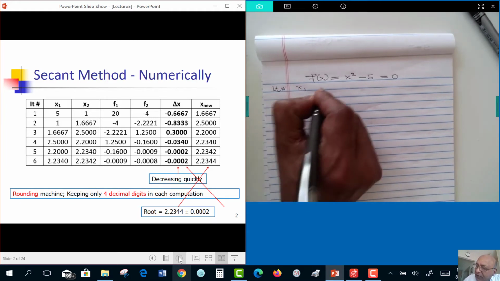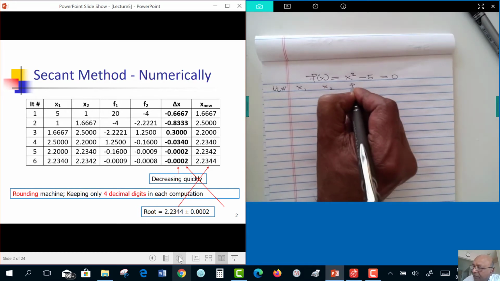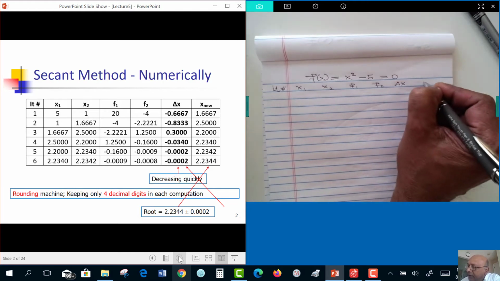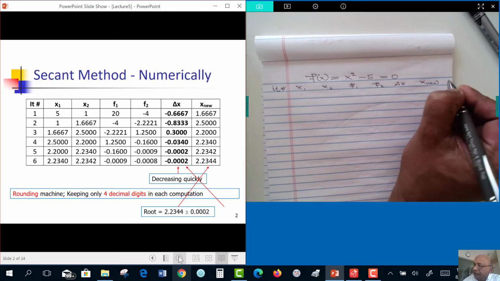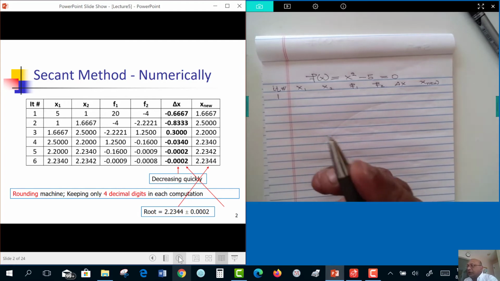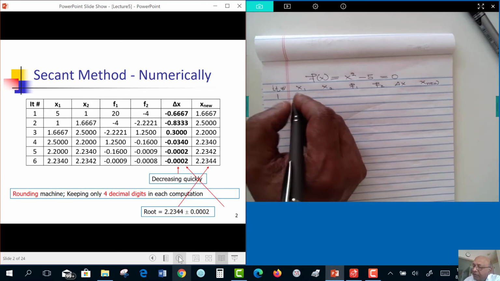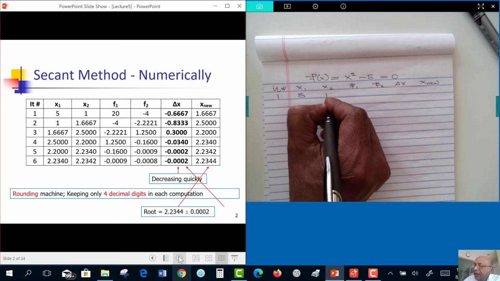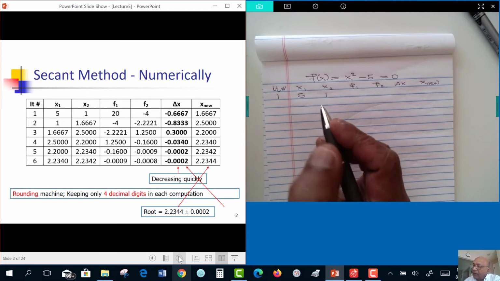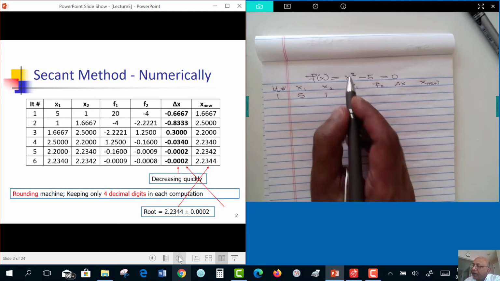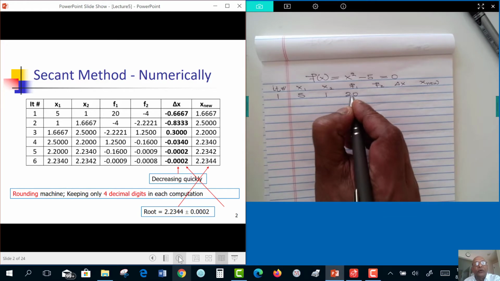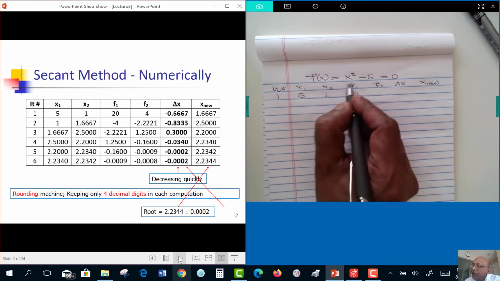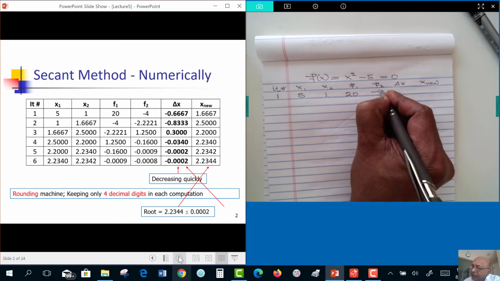We start with x1, x2, we'll find f1, we'll find f2, then we'll calculate delta x, and we will get x new. So we know our root is between 1 and 5. So let's choose x1 to be 5, x2 to be 1. So at x is equal to 5, our function would be 20. At x is equal to 1, it'll be minus 4.